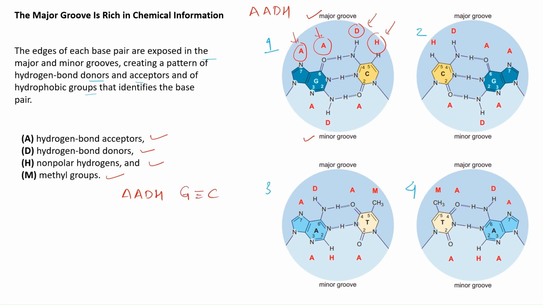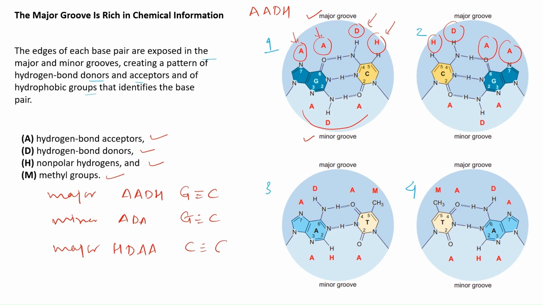But in the minor groove, the sites that are exposed are ADA. This is for the major groove. For the minor groove, the sites exposed are ADA for GC pairing. Similarly, when C pairs with G, in the case of the major groove, the sites that are exposed form the code HDAA for C pairs with G. Similarly, in the minor groove, it is ADA for C and G pairing.